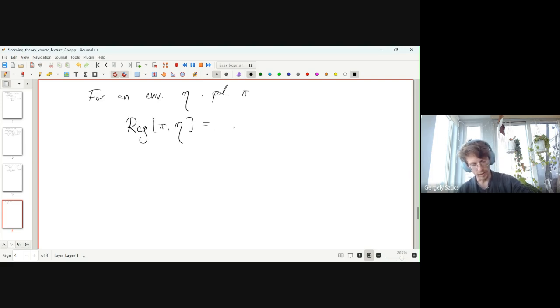This is defined to be the optimal utility, and I guess this also depends on the utility, for the given environment minus the expected utility for this specific policy.